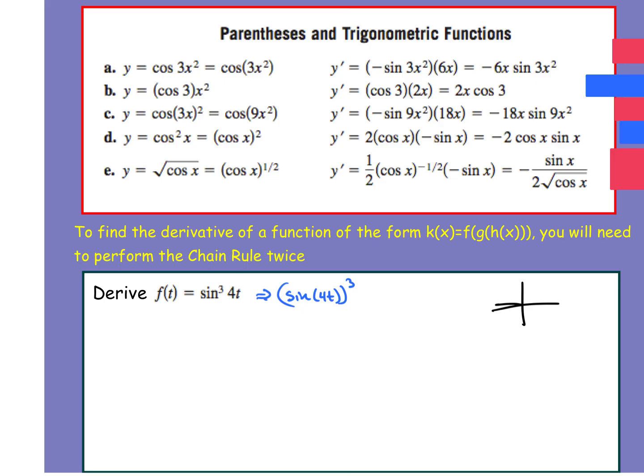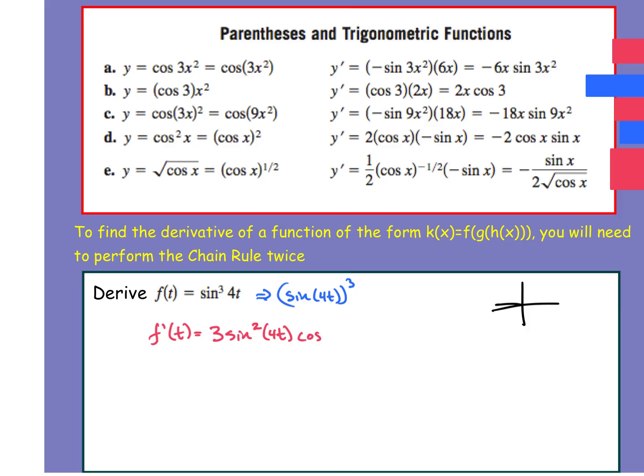All right, so let's go. Now we notate our derivative, f prime of t is equal to what comes out front? A 3. So now I have a 3 sine what? Squared of 4t. And so now we take the derivative of what? Sine. And so what's the derivative of sine?